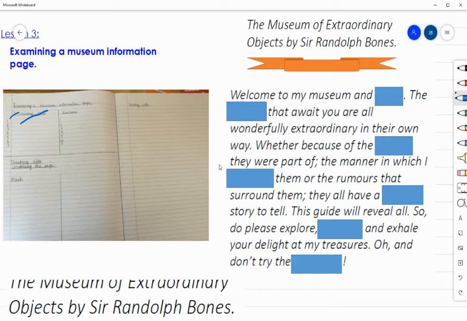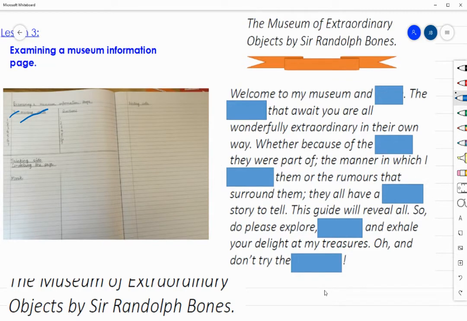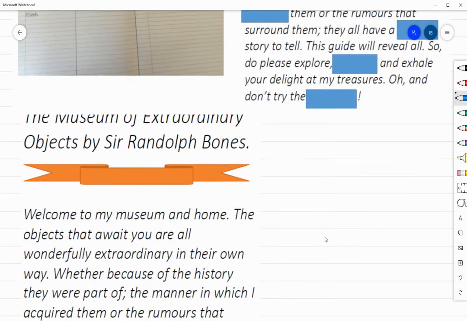So what I'd like you to do is pause, have another think about what words they could be. As long as they make sense, we will look at some possible answers in a minute. Okay, so I'm going to just scooch this up now.